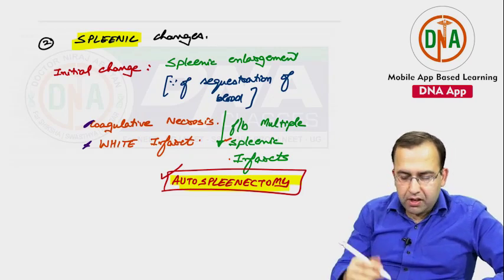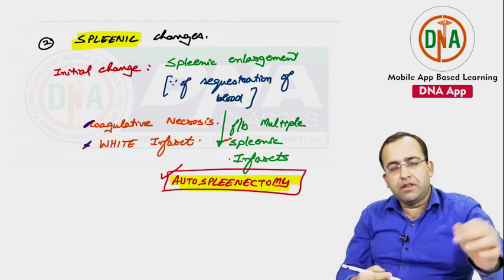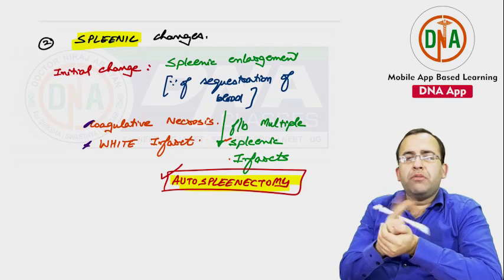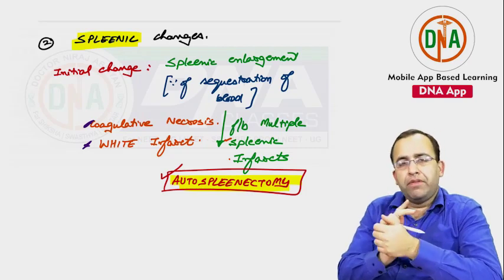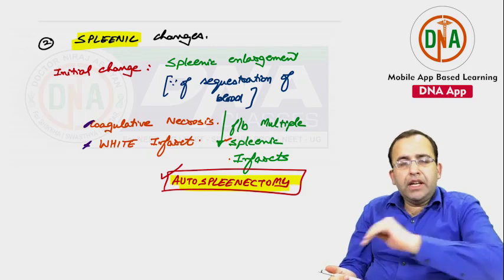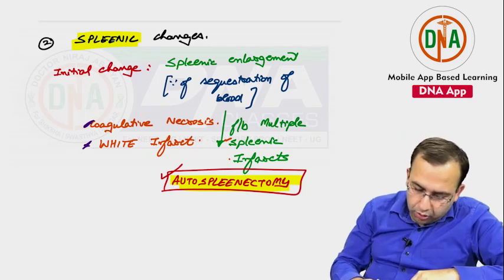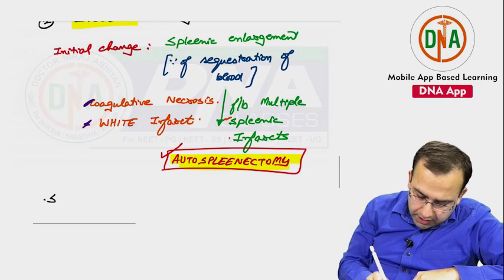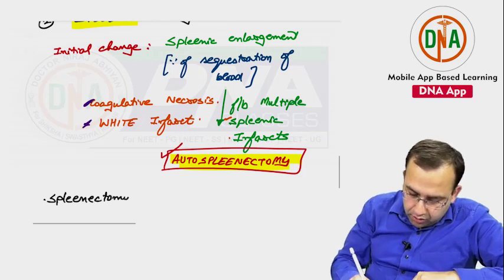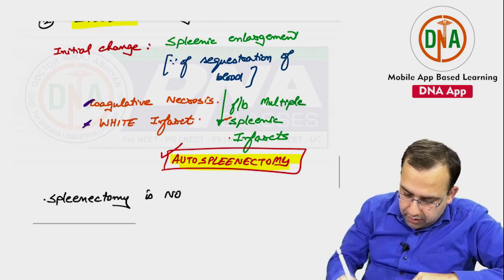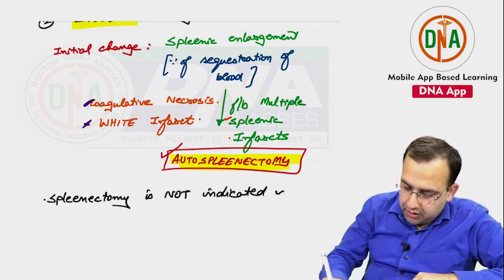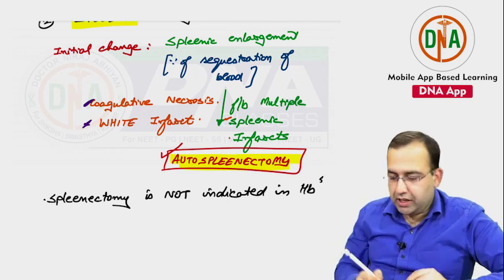Next point. So, I can safely ask you this. Is splenectomy, which is the most common site of hemolysis in sickle cell anemia? Spleen. So, is splenectomy indicated in sickle cell anemia? No. Splenectomy is not indicated in sickle cell anemia.